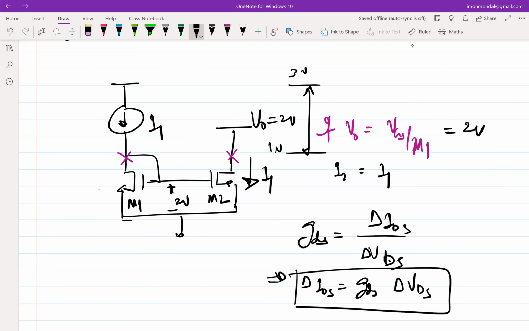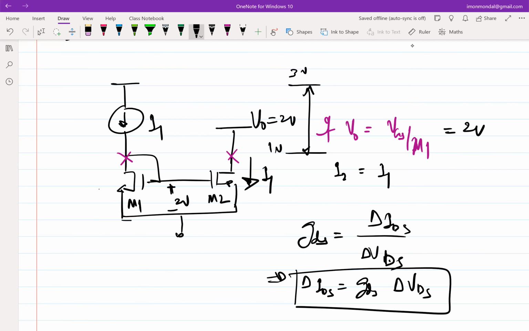So if the signal swings by 2 volt, the current will be I1 plus or minus GDS times whatever the swing is. Makes sense? Which essentially means that if GDS is not low in this case, you can have a lot of change in current mirroring, and in some applications, it might not be acceptable.